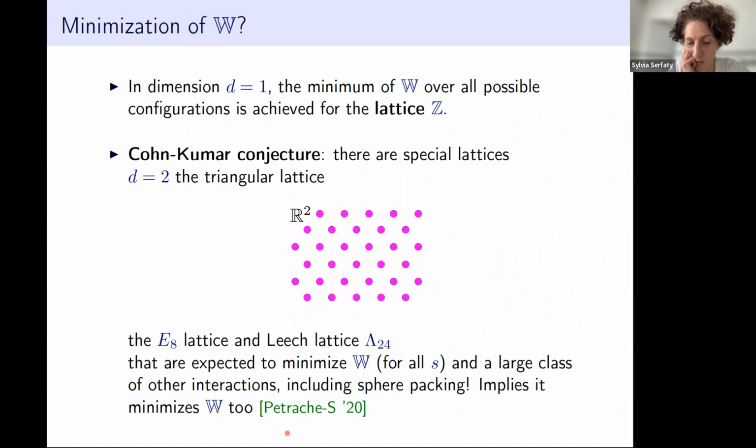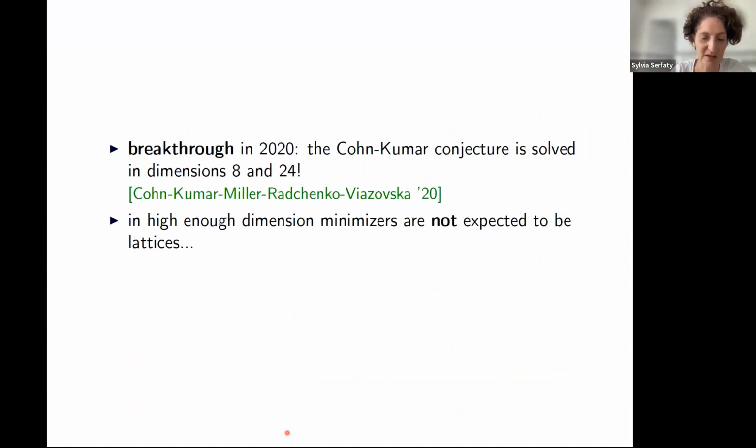In fact, with Mircea, we wrote a little note that shows that if you can prove the Cohn conjecture, it applies to our W. So it does work for Riesz, Coulomb, singular interactions. Then there remains to prove the Cohn conjecture. And as you probably know, that conjecture has been solved already in dimensions 8 and 24 by Cohn, Kumar, Miller, Radchenko, and Viazovska.